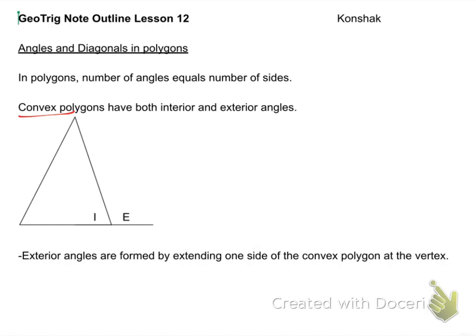Now, if you guys are observant, yes, I can walk out straight here and turn back this way. That is E. That is an exterior angle.